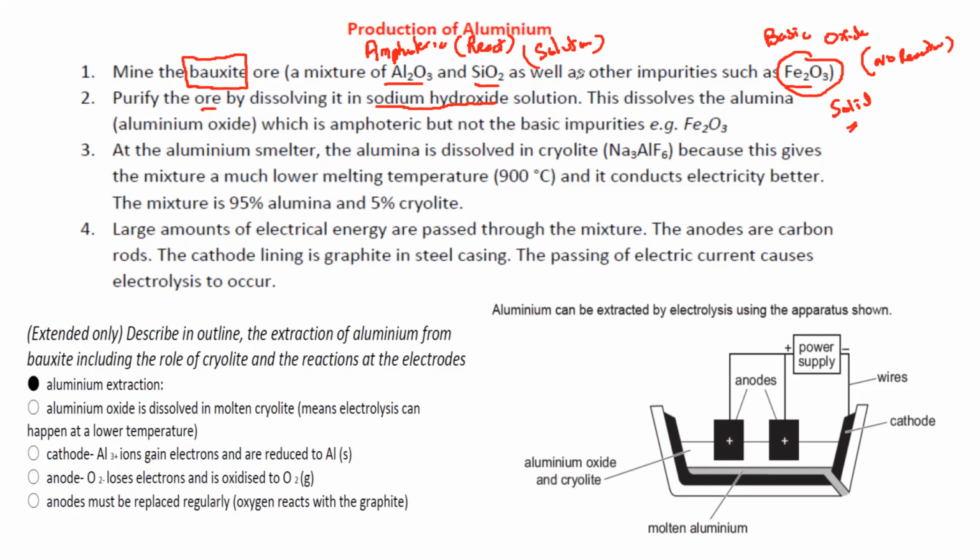And when we carry out the filtration, iron 3 oxide is left as a residue and aluminium oxide will be there as a solution. Then to this aluminium oxide, we add cryolite. What is the purpose of adding cryolite? Cryolite is basically used as a solvent.